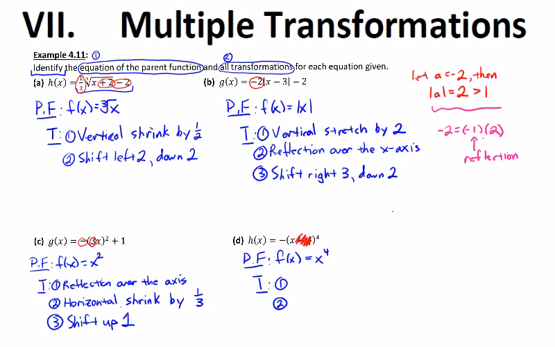And let me bring them back. First one is the reflection. Again, it's a reflection over the x-axis. And then number 2, we would have a shift. And this will be a shift to the right by 4.